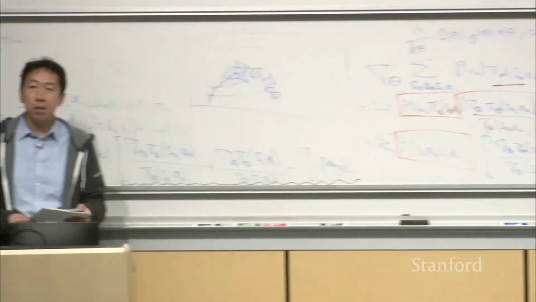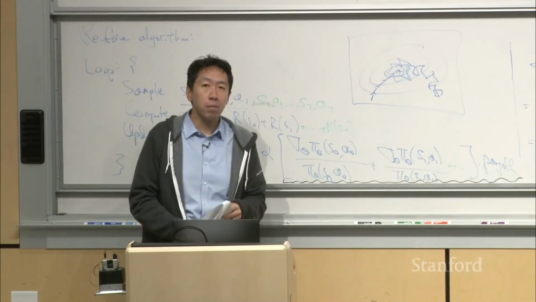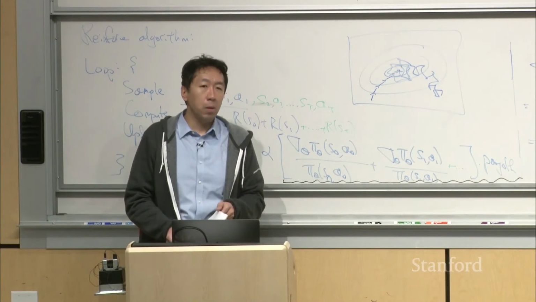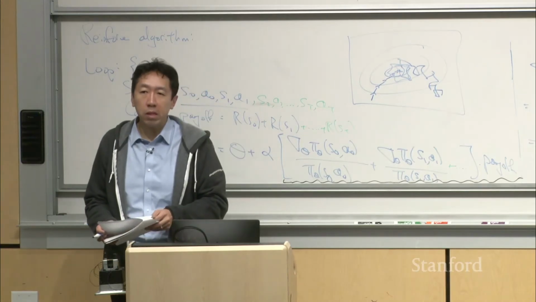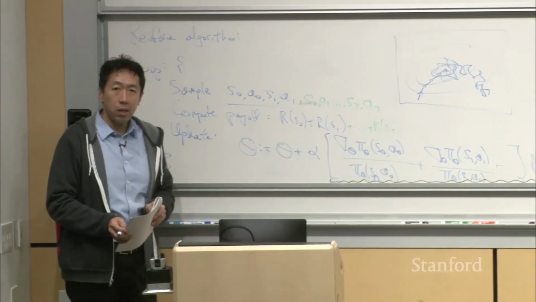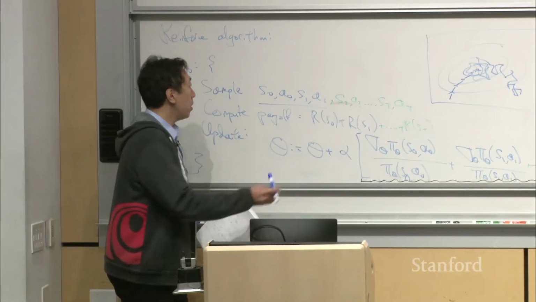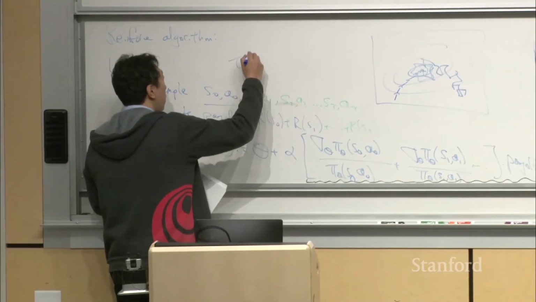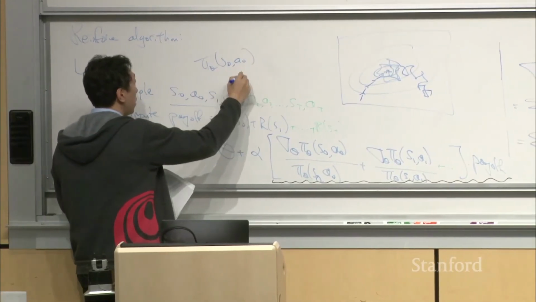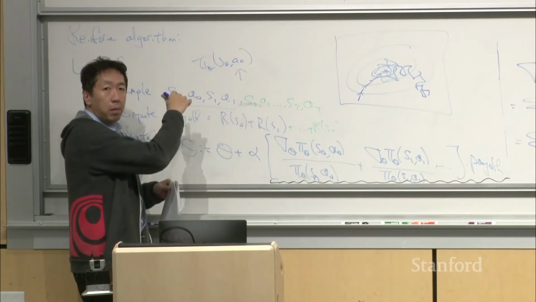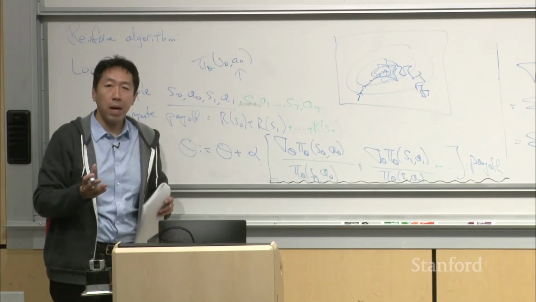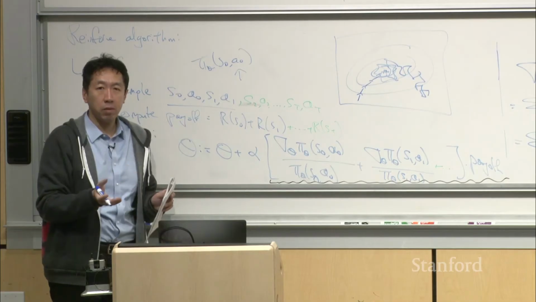Any questions about this? Yeah. Is this independent of the choice of logistic function? This is true for any form of a stochastic policy where the definition is that pi theta of S0 A0 has to be the chance of taking that action in that state, but this could be any function you want. It could be a softmax, it could be a logistic function of many, many different complicated features.